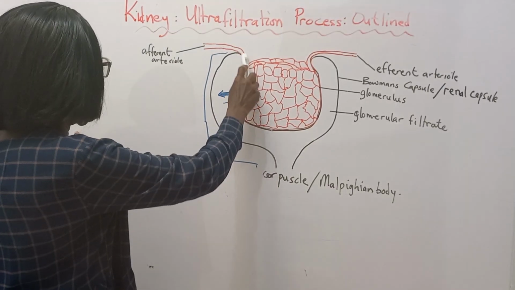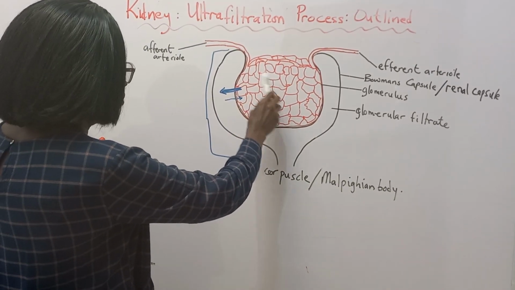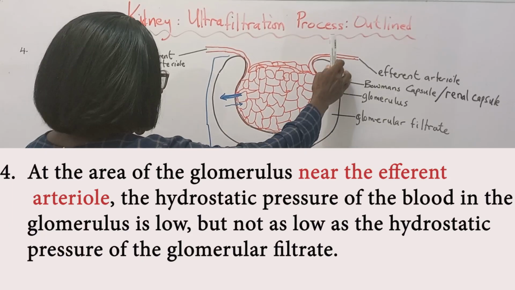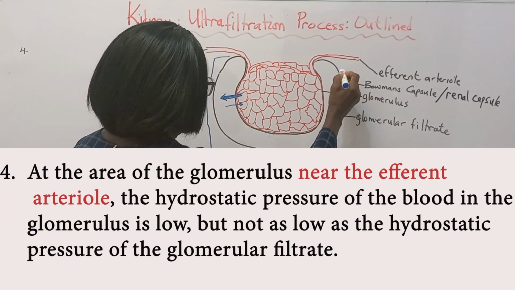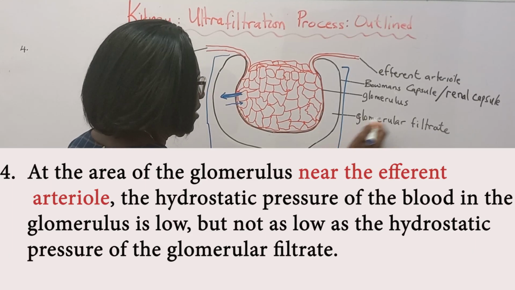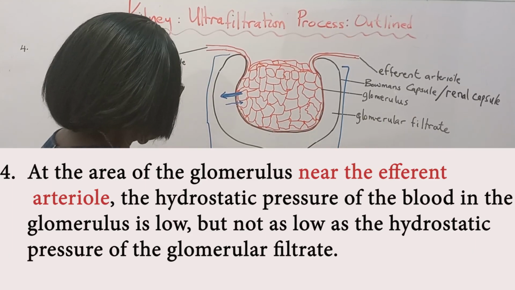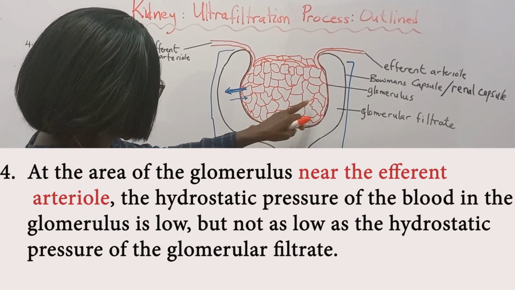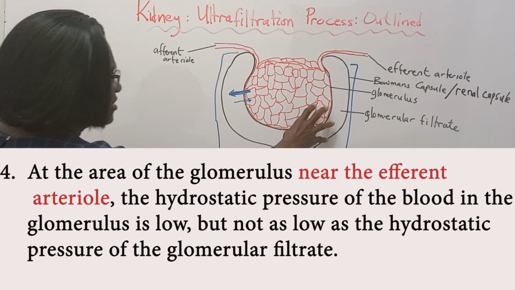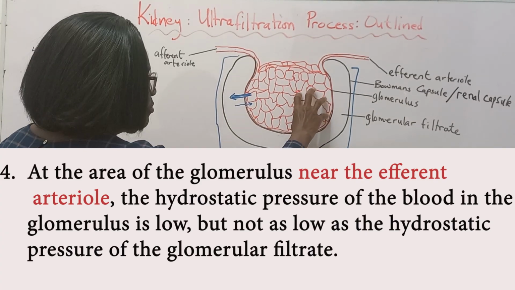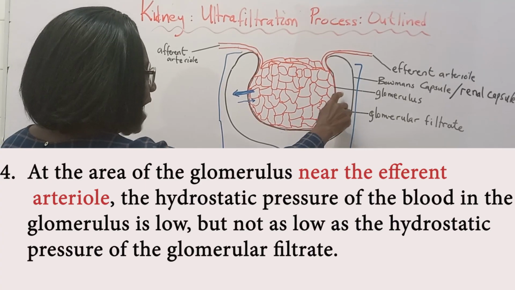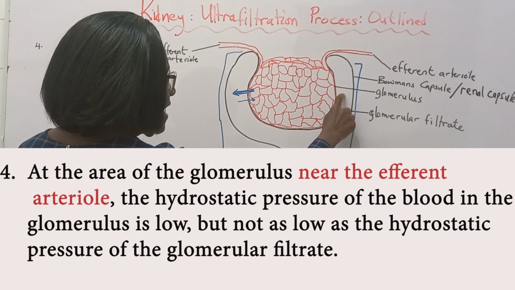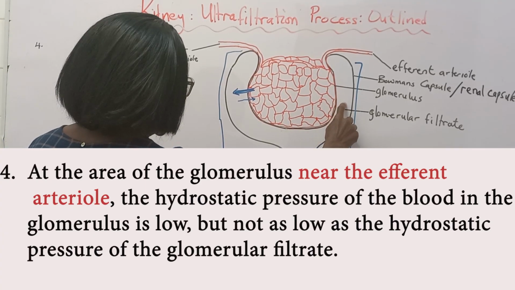Now, as the blood in the glomerulus moves, as the blood gets near the efferent arteriole, that is this area, which I call the venule part of the glomerulus, the hydrostatic pressure in the glomerulus becomes lower, but not as low as the hydrostatic pressure in the glomerular filtrate.